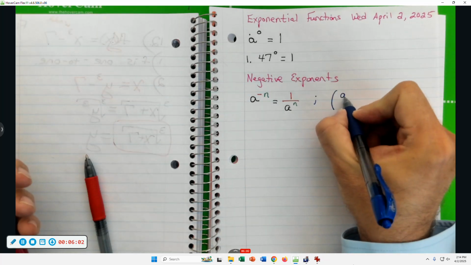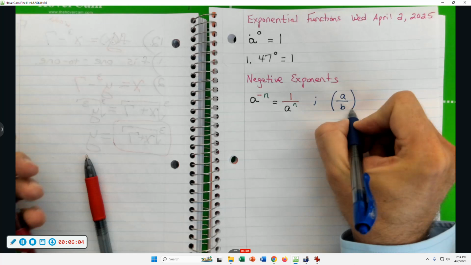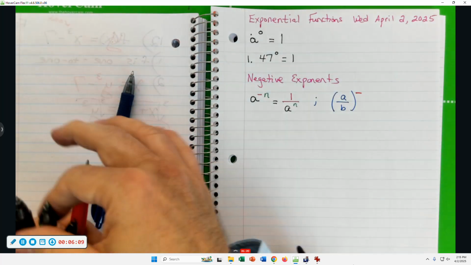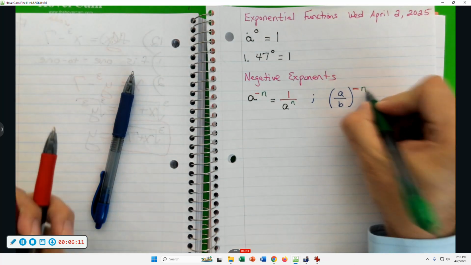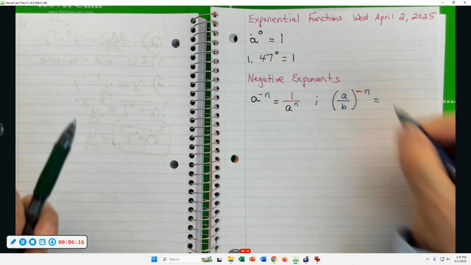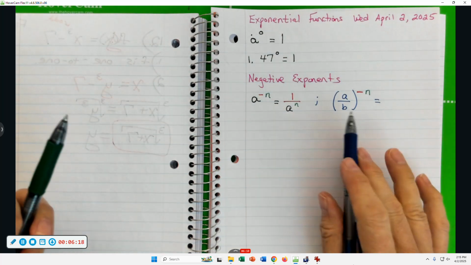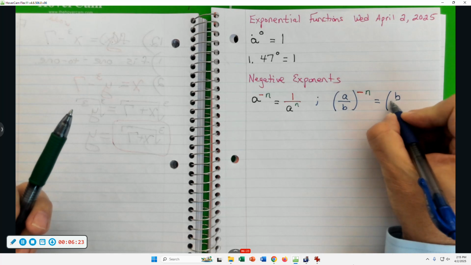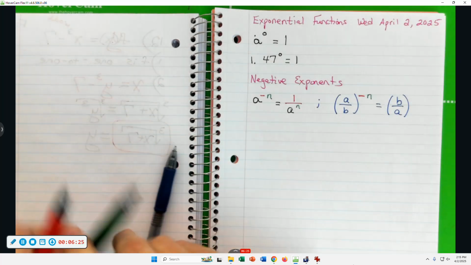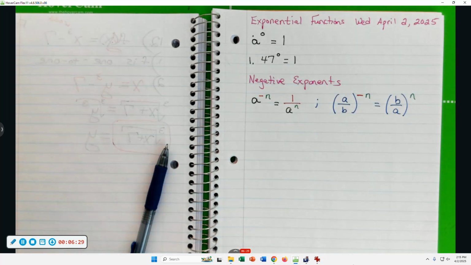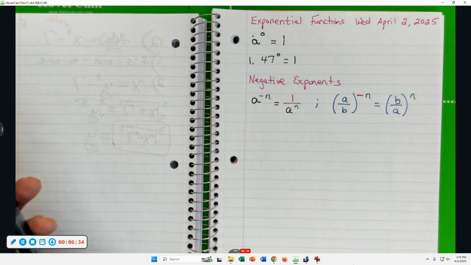If you have the fraction a over b to a negative n power, then that means flip the fraction. A fraction to a negative power means flip it. B over a to the positive n power. Okay? You'll get really familiar with these little exponent rules as you do these.